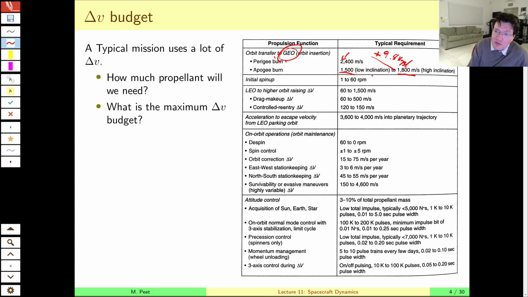And remember the map of the delta V's: there's Earth, there's geosynchronous, here's the moon over here. The Hohmann transfer delta V to get us into GEO, 4 kilometers per second, is approximately the same delta V needed to get to the moon.